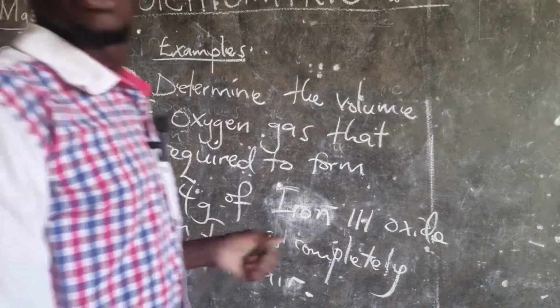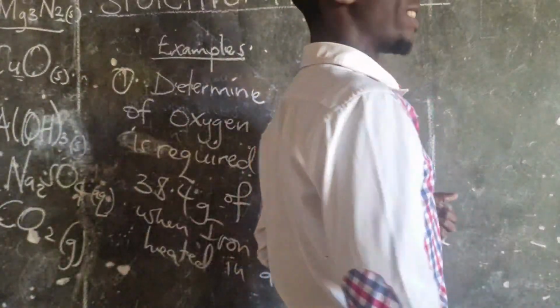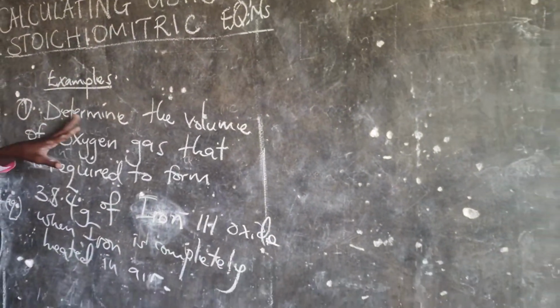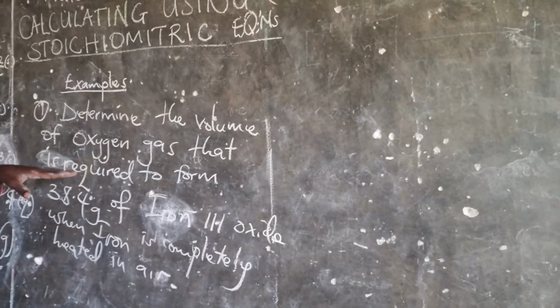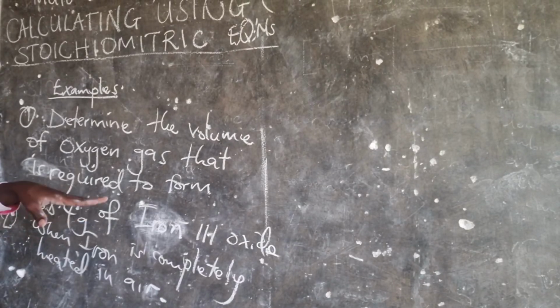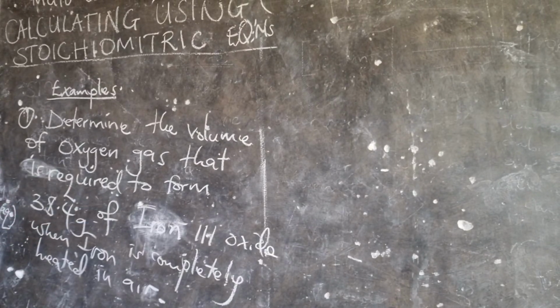To move on, we can try this item here: determine the volume of oxygen gas that is required to form this amount of iron(III) oxide when iron is completely heated in air. So they are bringing in a condition, which is heating.